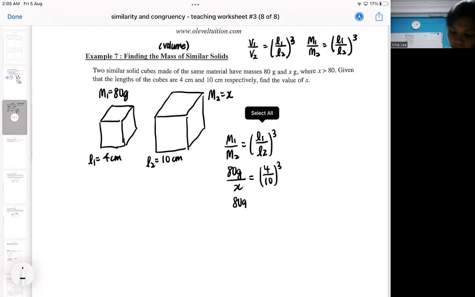Again, I will cube the ratio first before I go for the cross multiplication. Your calculator would have helped you to reduce, and then you cross multiply.